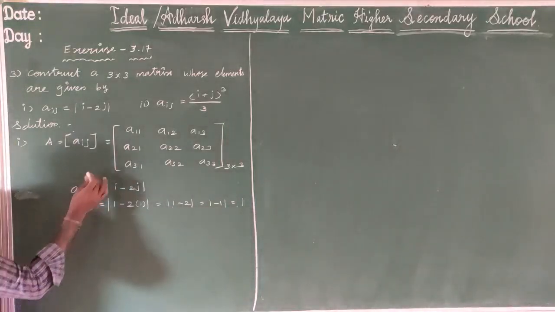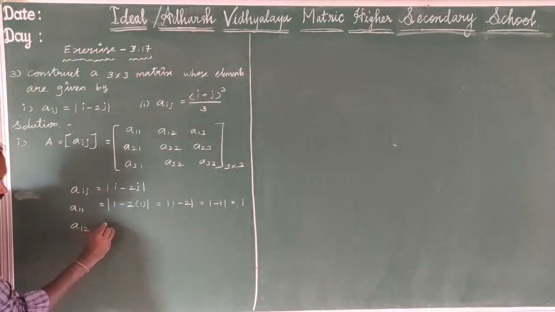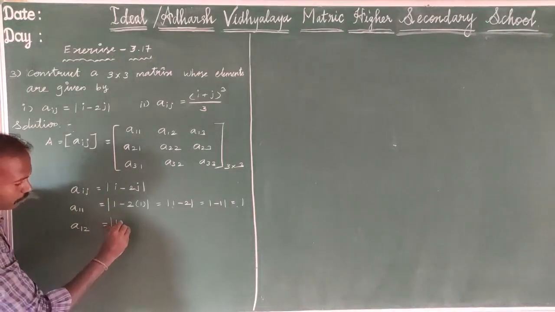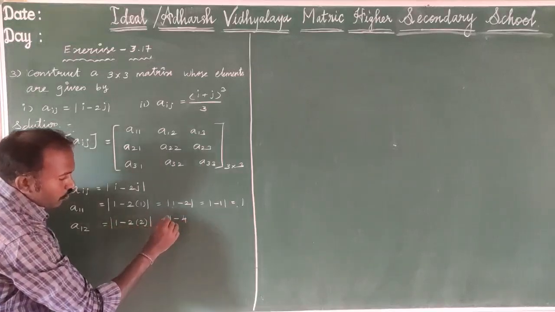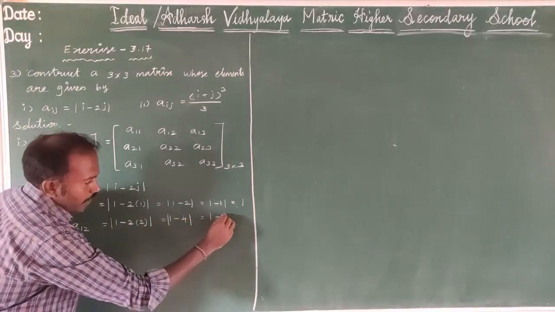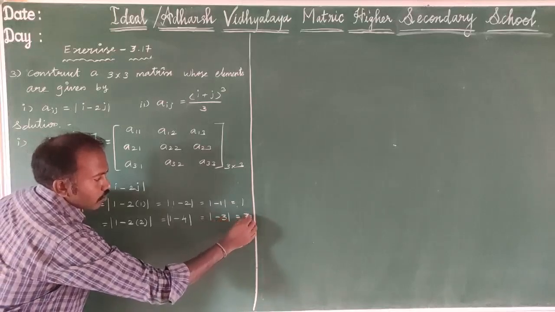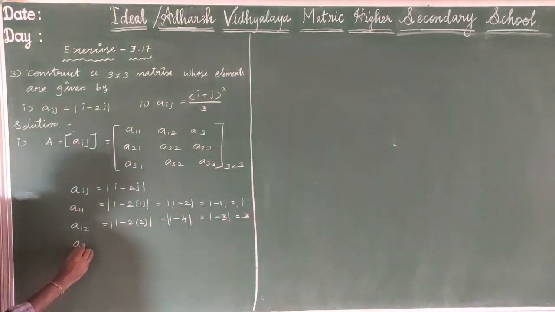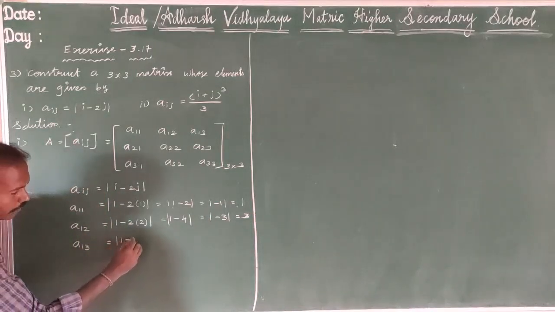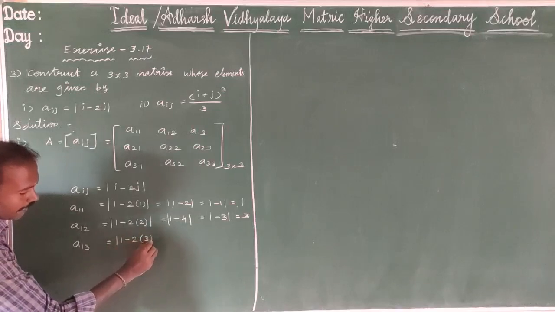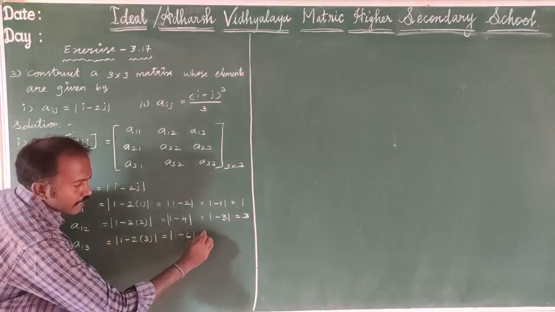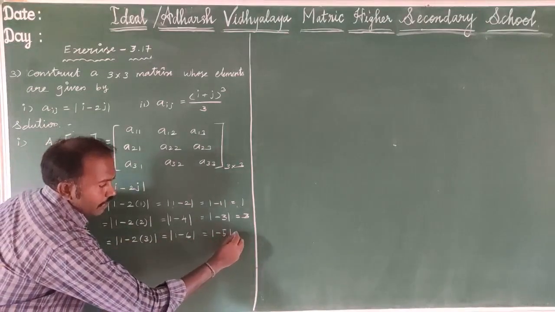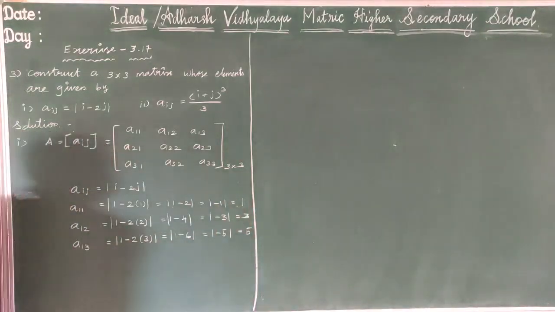Then A12, modulus 1 minus 2 into 2 is equal to 1 minus 4, that is equal to modulus minus 3 is equal to 3. Next one, A13 is equal to modulus 1 minus 2 into 3 is equal to modulus 1 minus 6 is equal to modulus minus 5, that is equal to 5.